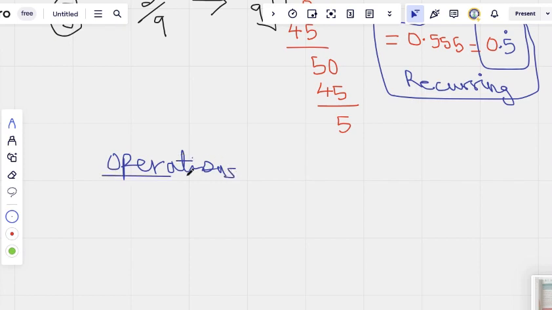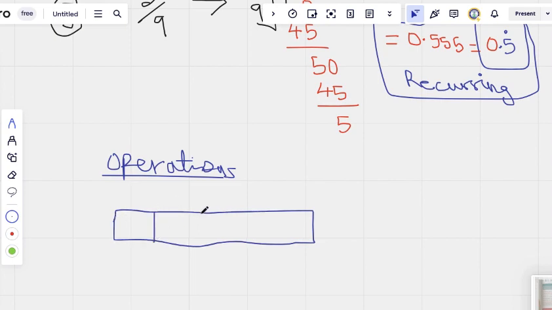So when you're dividing, for example, if I give you this box, I divide it into maybe 1, 2, 3, 4, or maybe 5. You can see this 1, this 2, this 3, this 4, and this 5.